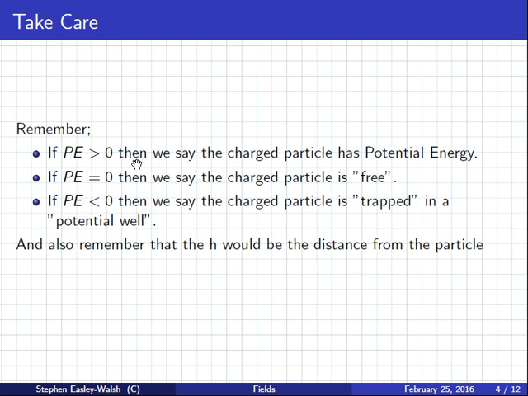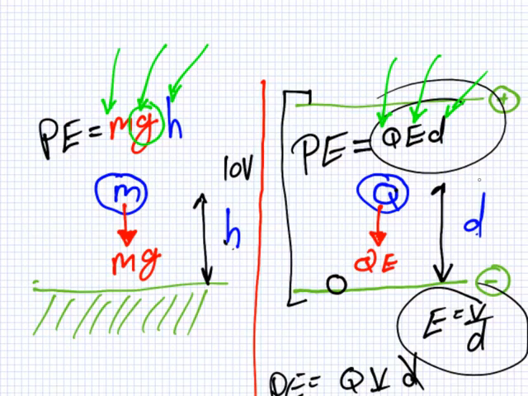Also remember that h will be the distance from the particle to the plate it's attracted to. So here, if this plate is positive and this plate is negative and this is a positive charge, if I make this an electron, which way is it moving? Up or down? Upwards. Up.